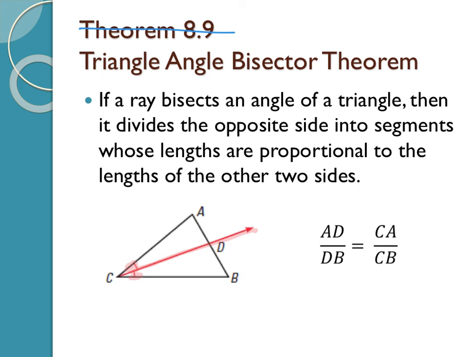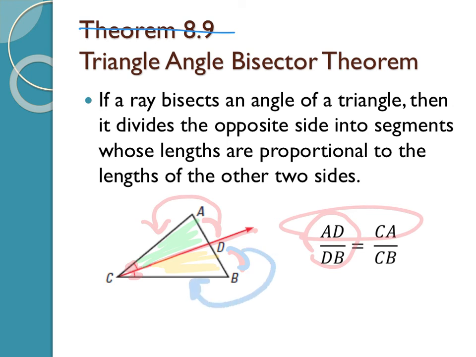So now the little pieces where the ray comes out, this AD and this DB, I can go ahead and put those pieces that have been broken apart, and then the AD is going to be with its side that is in the same triangle, if you wanted to think of it as separated. So that piece that it split goes with the side that it's next to, same thing here, and it's going to go with the CB.